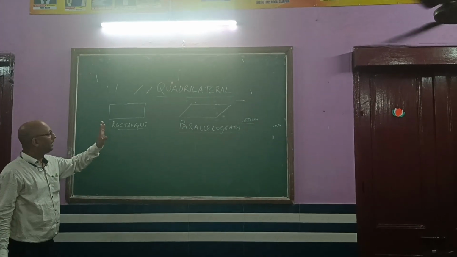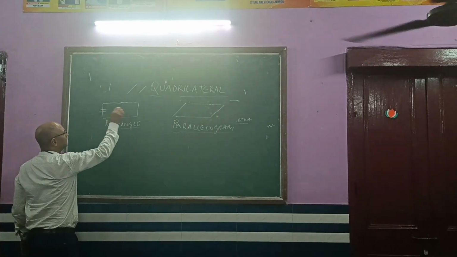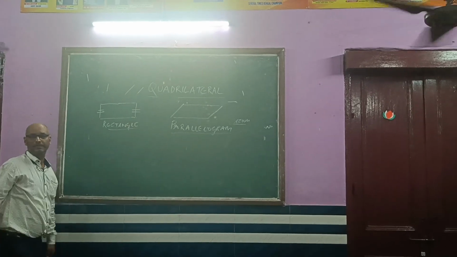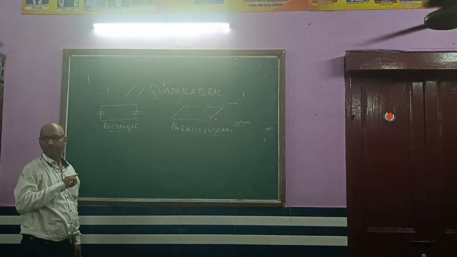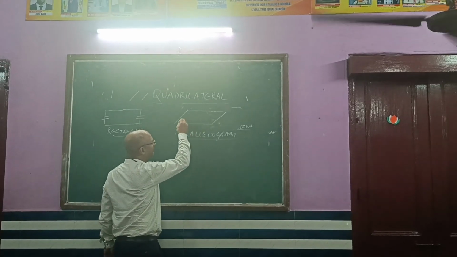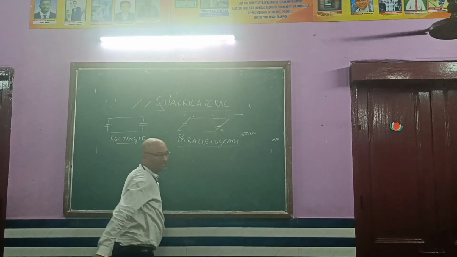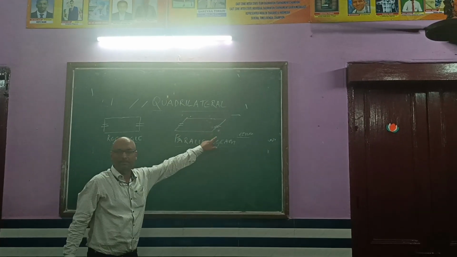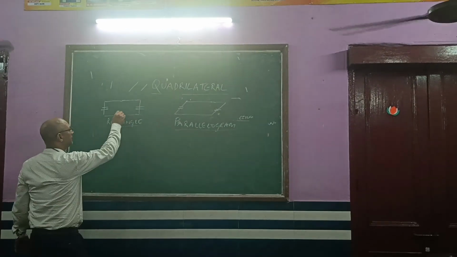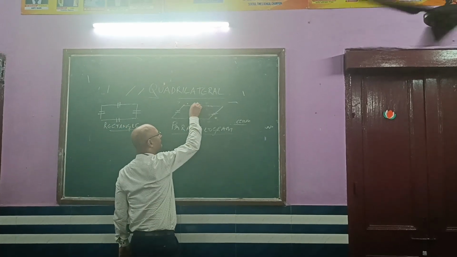Rectangle is a quadrilateral whose opposite sides are equal. That means this side is equal to this side. Parallelogram is a quadrilateral whose opposite sides are equal. That means this side is equal to this side. ये side इस side के बराबर है. This side is equal to this side, and this side is equal to this side.